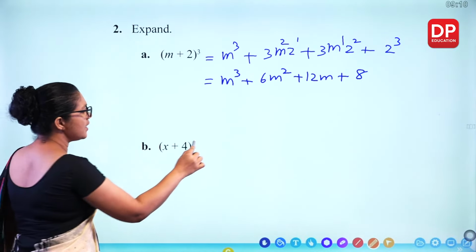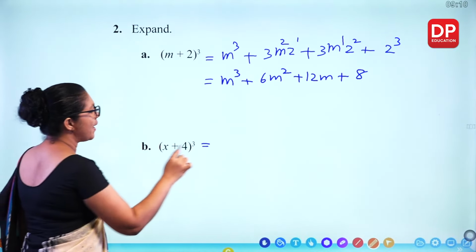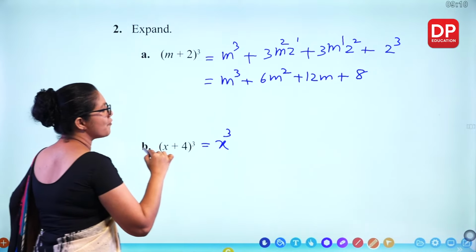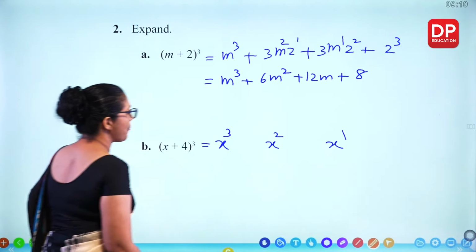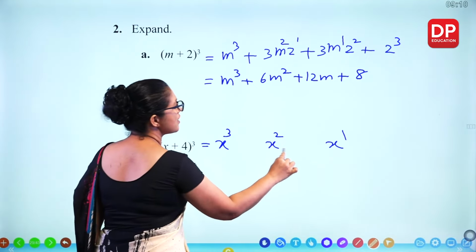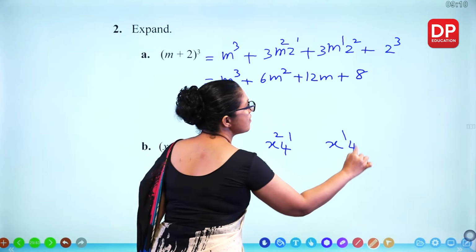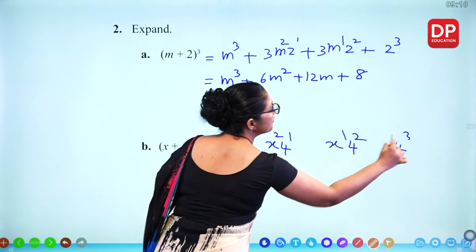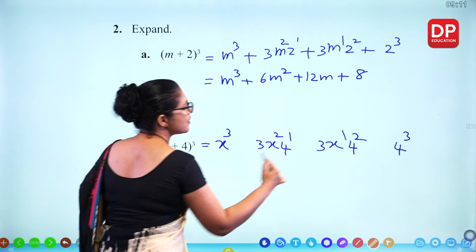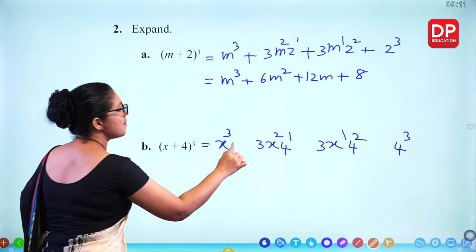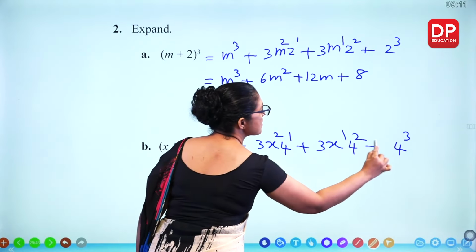Now look at this one again. Follow the pattern. Starting from power 3, first term reduces the power. Second term is 4, starting from 1, it's increasing. And then you put 3 for the second term and the third term, and then pluses.